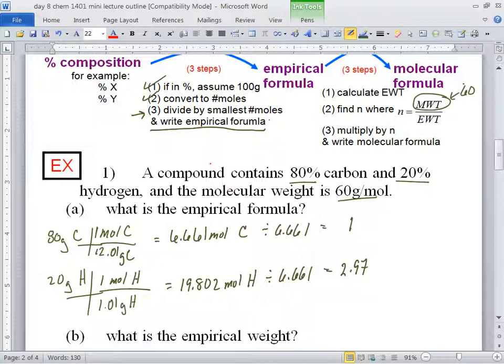The empirical formula. So that means C with a subscript, H with a subscript. It would be C what, H what? C, not 2, because the C, right, we got a 1 for it.